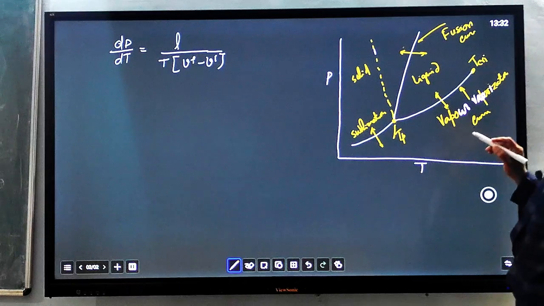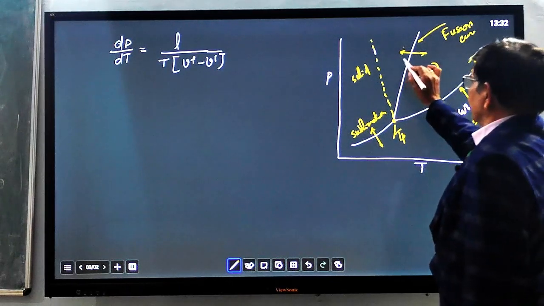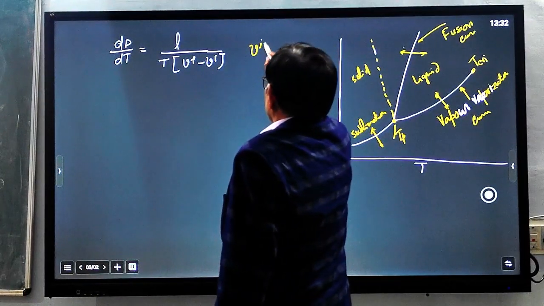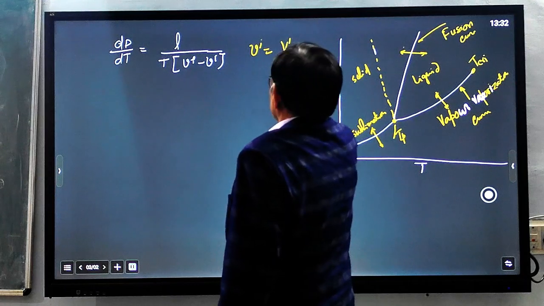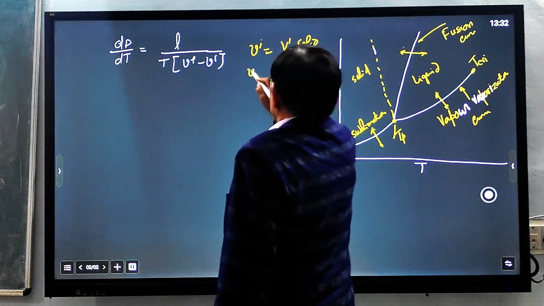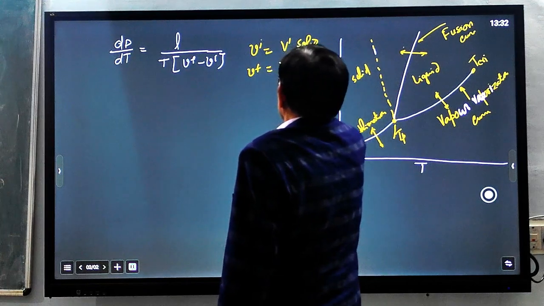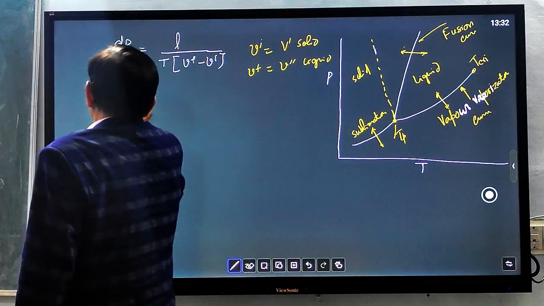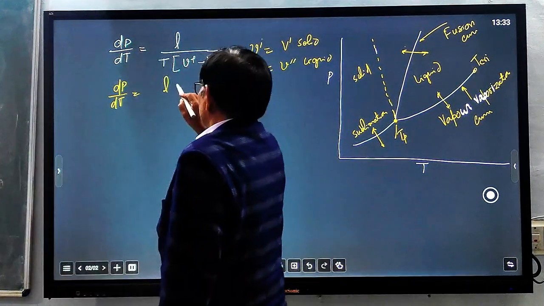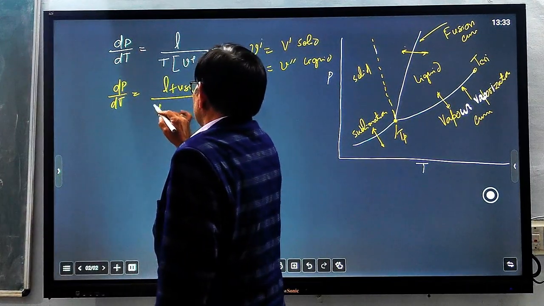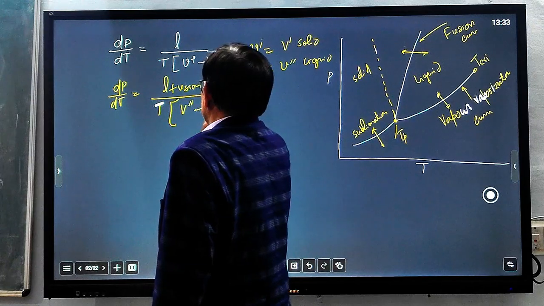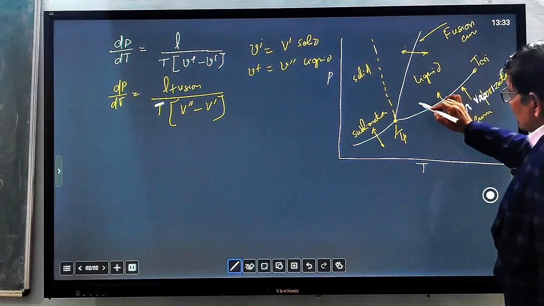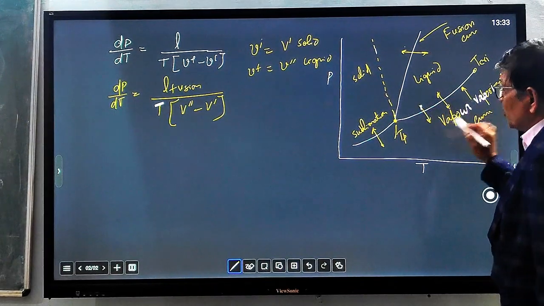So we can define the slope. Suppose here it is changing from this side, solid to liquid. We define Vi equal to V', that is the solid, and Vf as V'', meaning the liquid. So here we can define the slope dP over dT equal to L of fusion upon T(V'' minus V'). Suppose the phase transformation is taking place in this region, liquid to vapor.